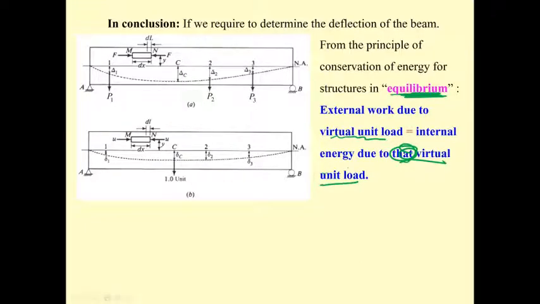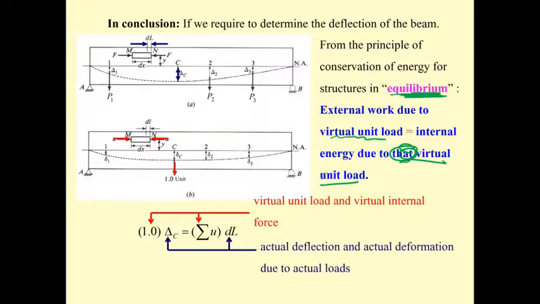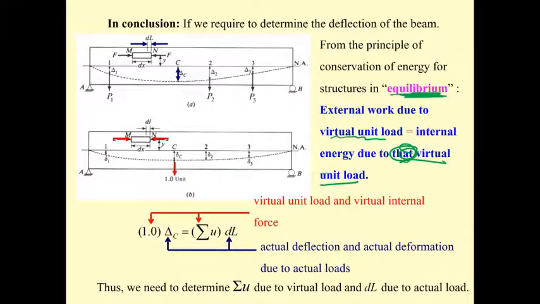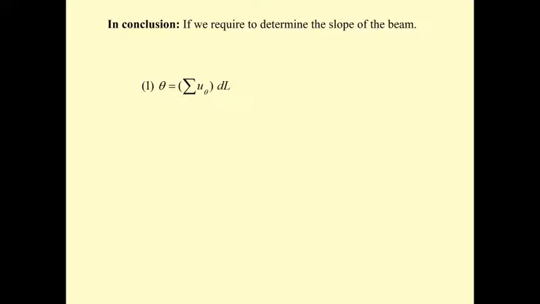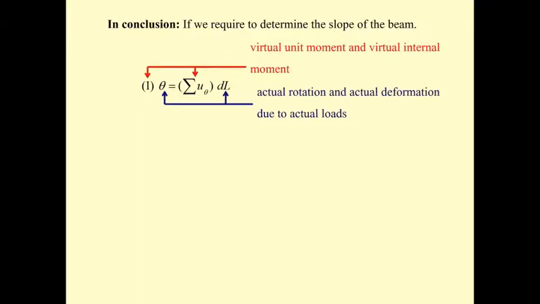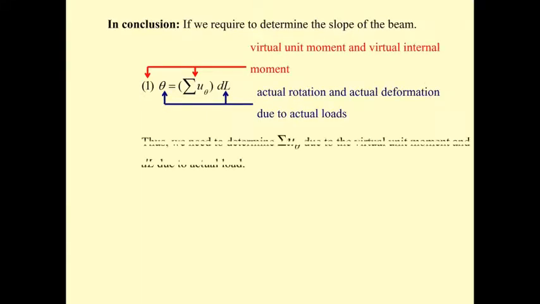That's 1 kilonewton or 1 kilonewton meter. That's where the name unit load comes from, for the one over here. As I mentioned before, you can go back and review what I explained to you. And for the slope, you have this.